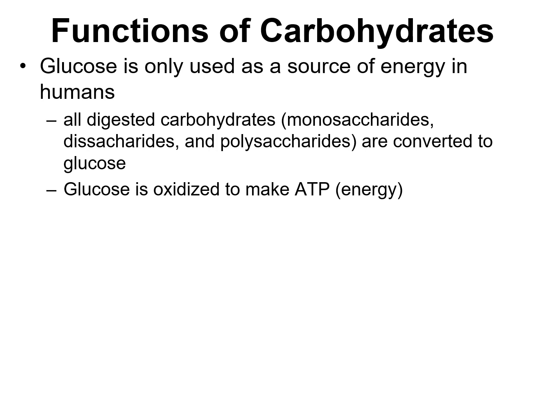Glucose is oxidized to make ATP, which is then used to transfer energy for cellular functions. So carbohydrates, for the most part, are used exclusively as a source of energy.